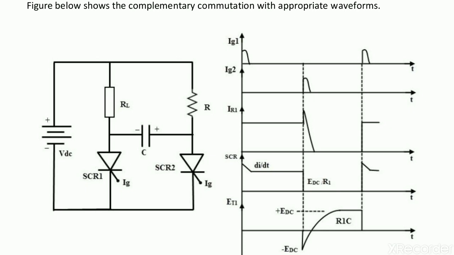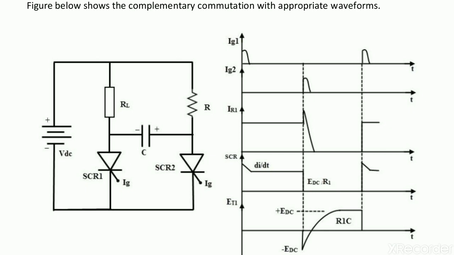From the circuit diagram we can see there is a DC supply, RL, which is nothing but the load resistance. We can take it as R1. There is another resistance, that is R, please take it as R2, one capacitor, and the SCR2, which is nothing but the complementary SCR.